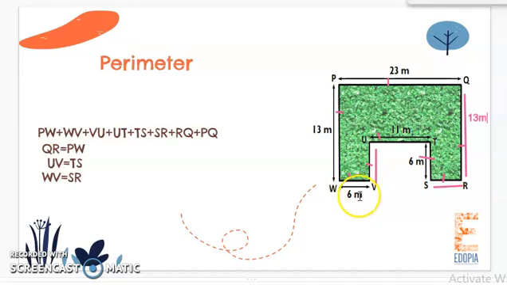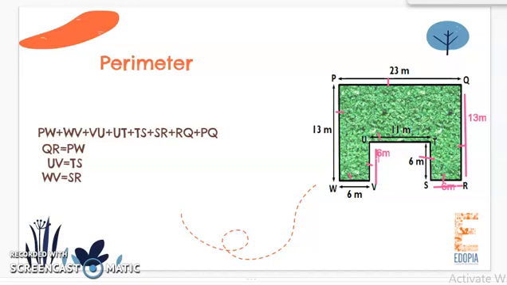If WV is 6 meters, this SR is also 6 meters. Now we are left with only one side, this UV. The opposite side of this UV is TS, and this is 6 meters. If this is 6 meters, this UV is also 6 meters.